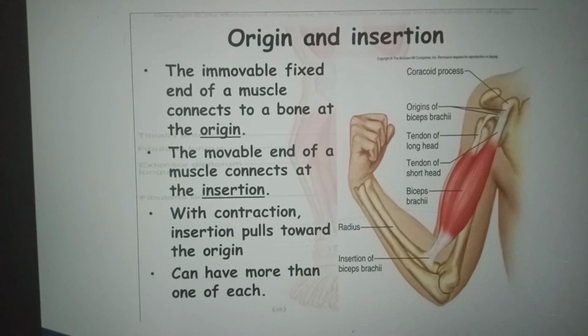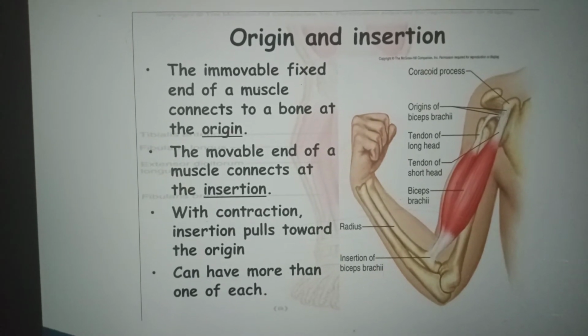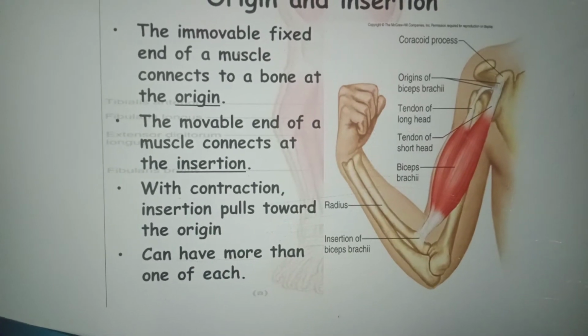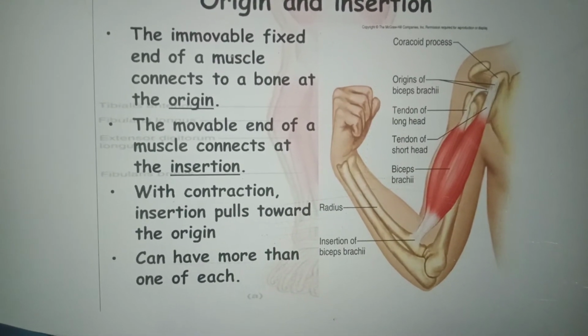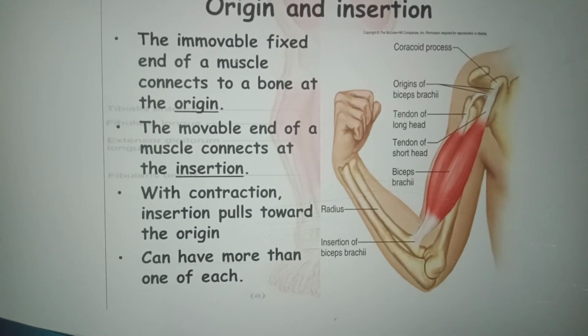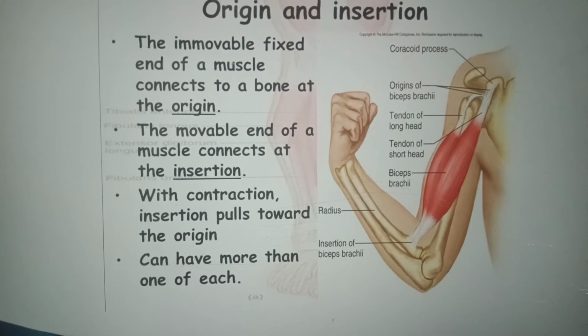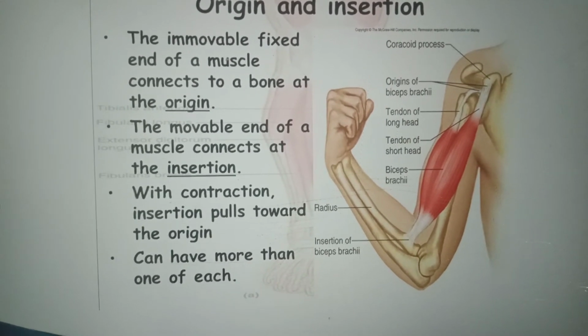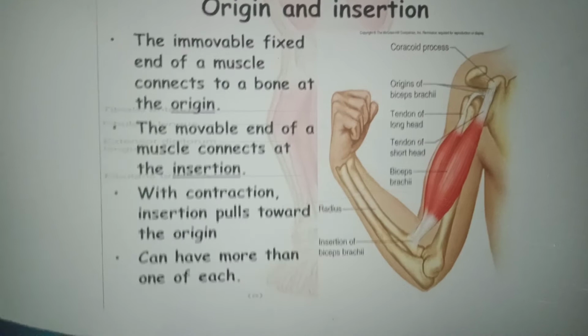The other end of a muscle is attached to a movable bone and it is called insertion. And here you can watch the insertion of biceps. With contraction, insertion pulls towards the origin, and there can be more than one of each.